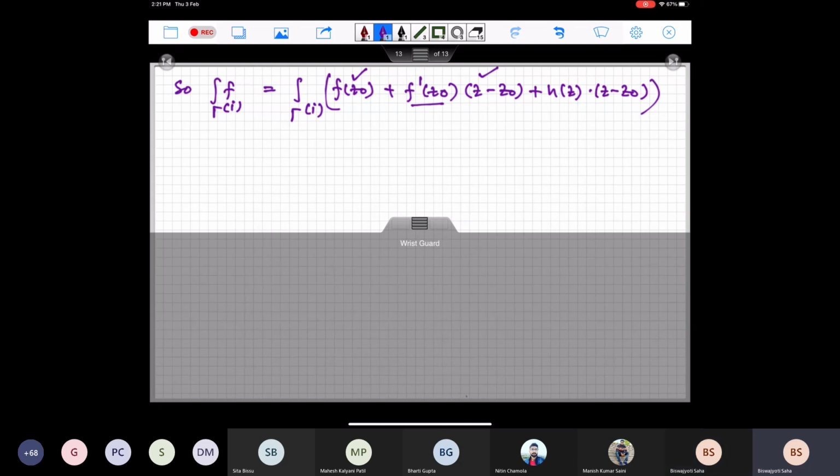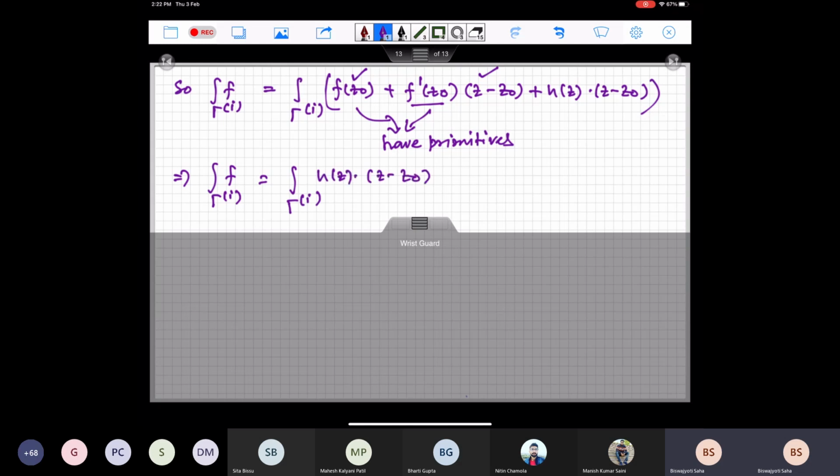Again I am going to have a primitive, so that is also zero. Since both of them have primitives, the integral of f over gamma I is nothing but the integral over gamma I of h of z times z minus z naught.